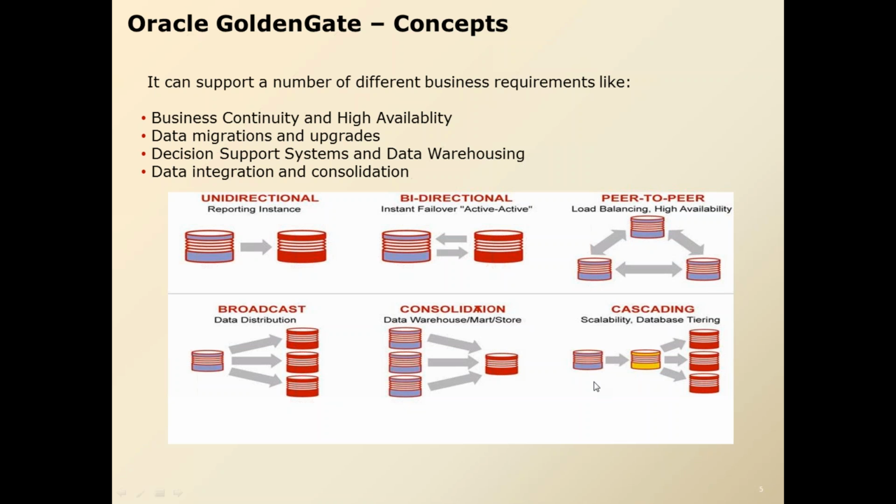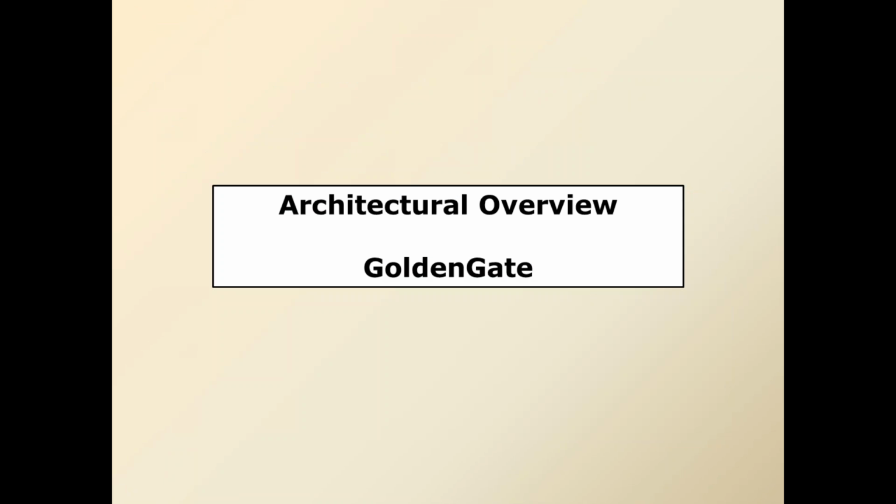Whatever archives are getting generated on the primary server will be shifted to the secondary server, and there Goldengate will extract the data and send it to target databases. So Goldengate has many advantages. It depends on what purpose you want to use Goldengate for.